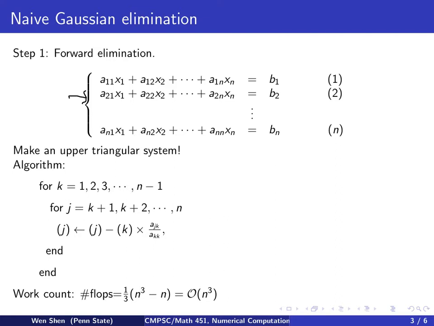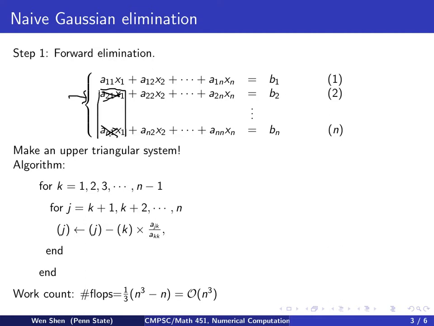And then we subtract equation 1 from equation 2. If we do so, then this entry becomes 0. And we can keep doing it such that everything down here becomes 0 by going through all the equations from number 2 to number n.